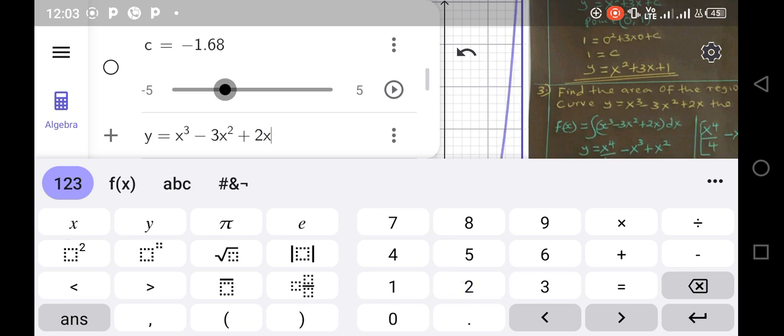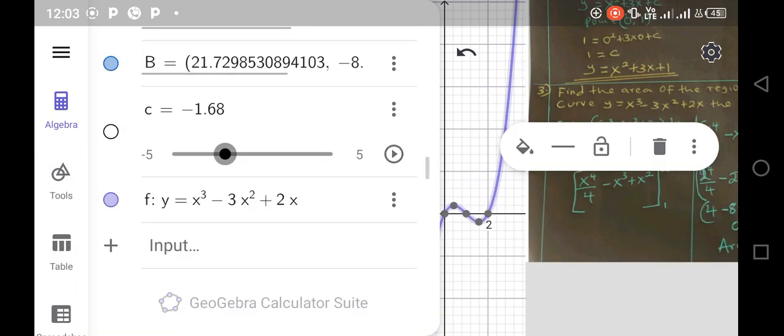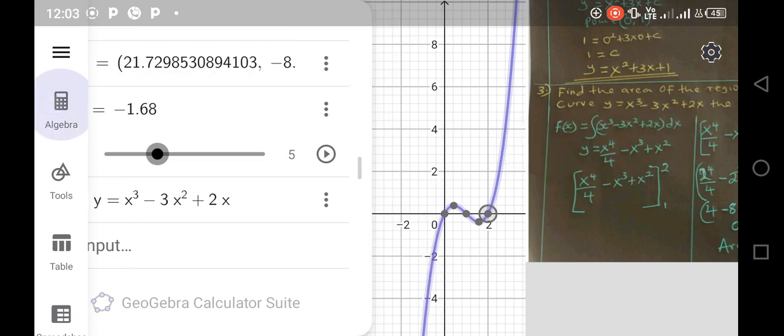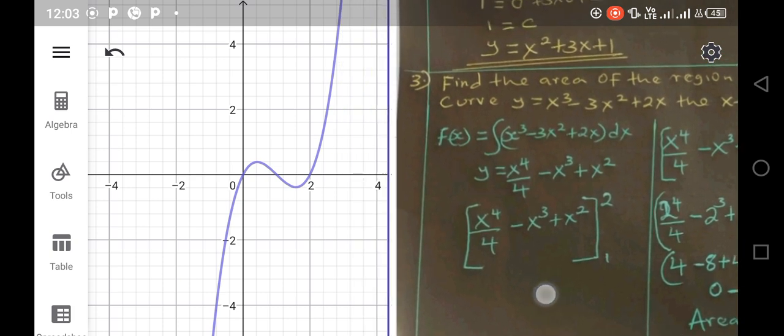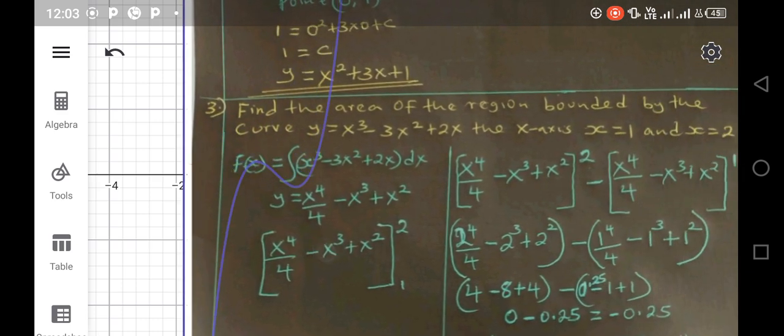So let's see our graph, the way it appears. That's our graph for the function y equals x cubed minus 3x squared plus 2x.